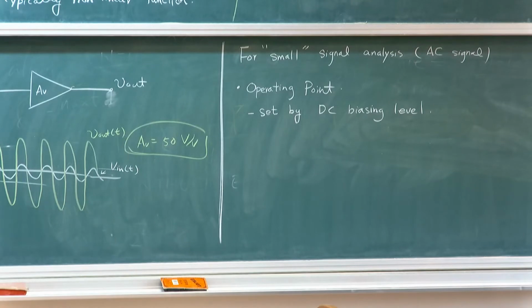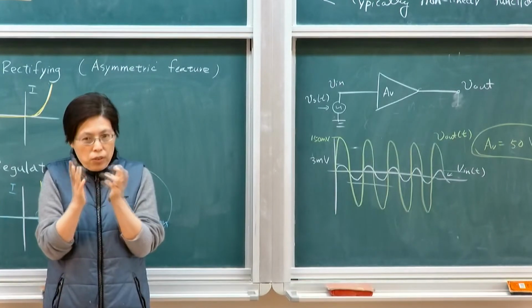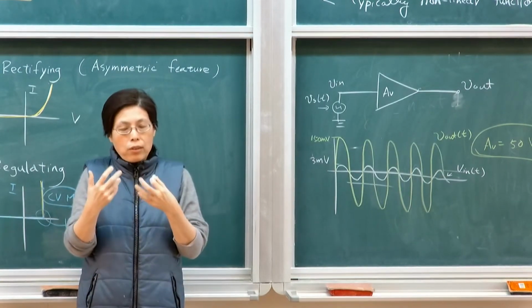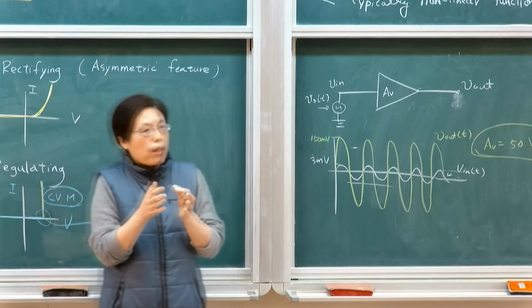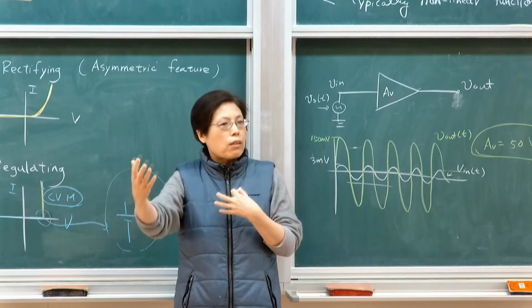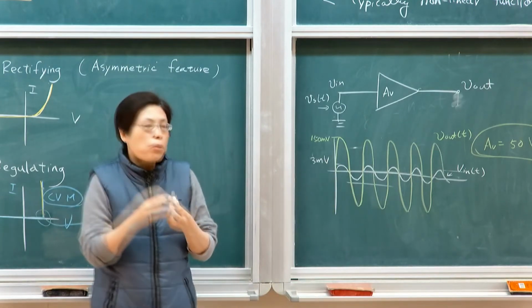But for small signal analysis, it's more like a singer on a stage. When I want to sing, I want to find a spot where I'm standing, and probably not moving too much, a little bit, not too drastic. What I actually want is to find a spot that would give the audience the best acoustic response. So that's the point of the operating point.